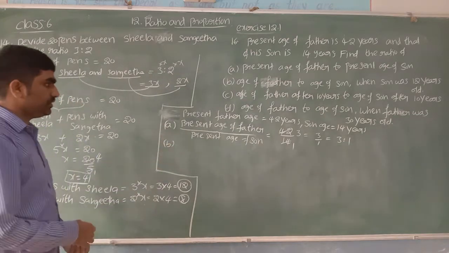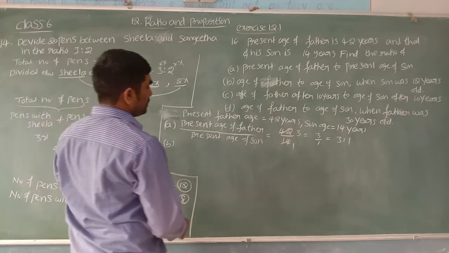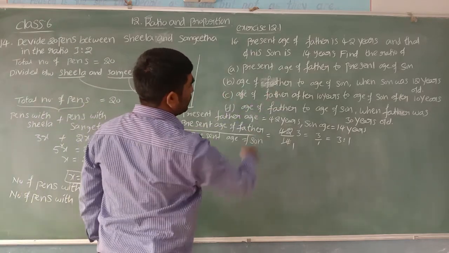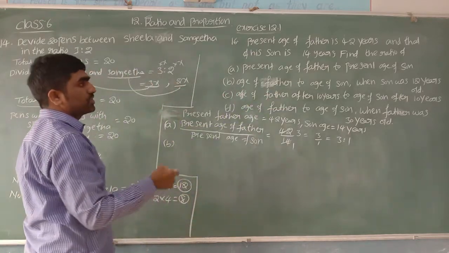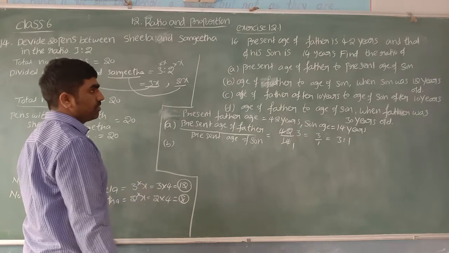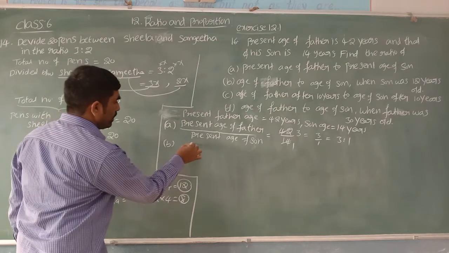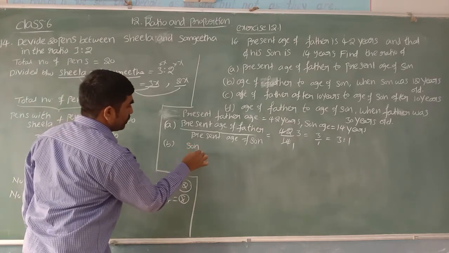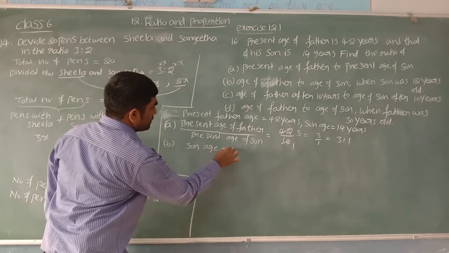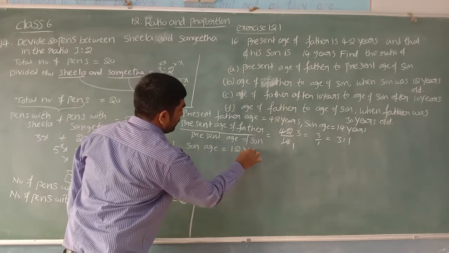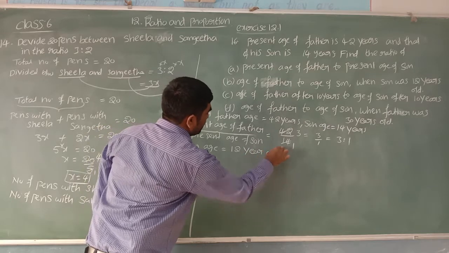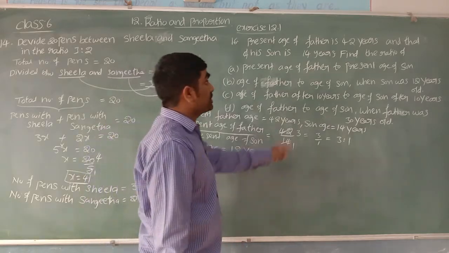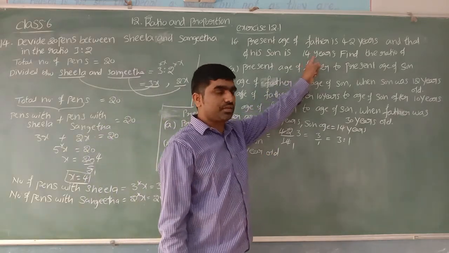Next you can see B bit. Now here the B bit is age of father to age of son when son was 12 years old. Here we said son age is equal to how much? 12 years old. Now present, what is the son age? 14 years.